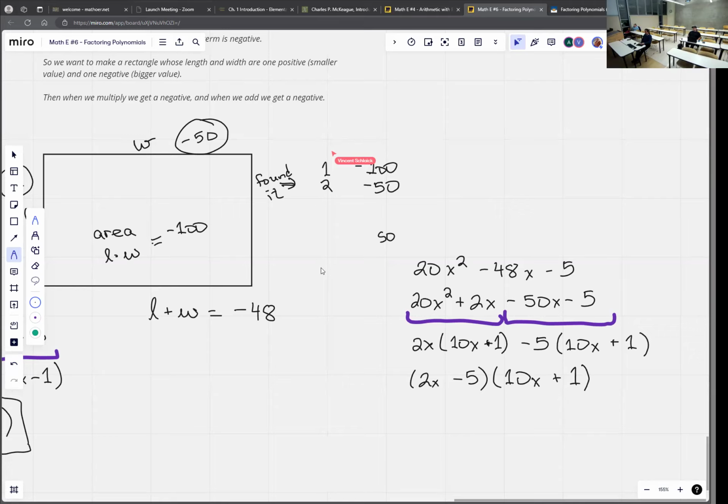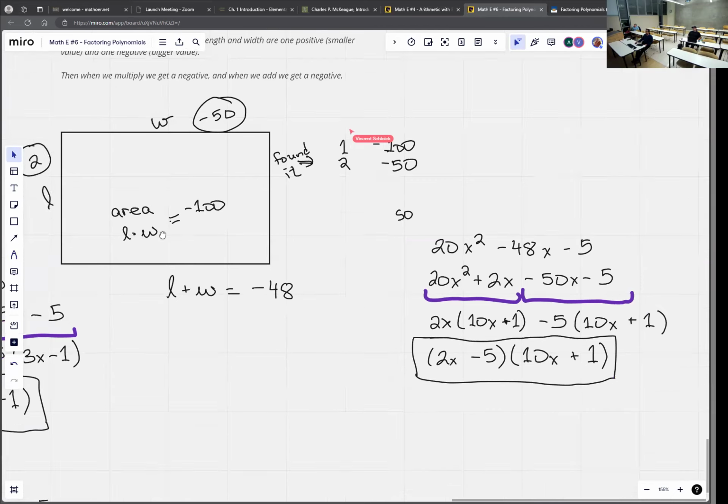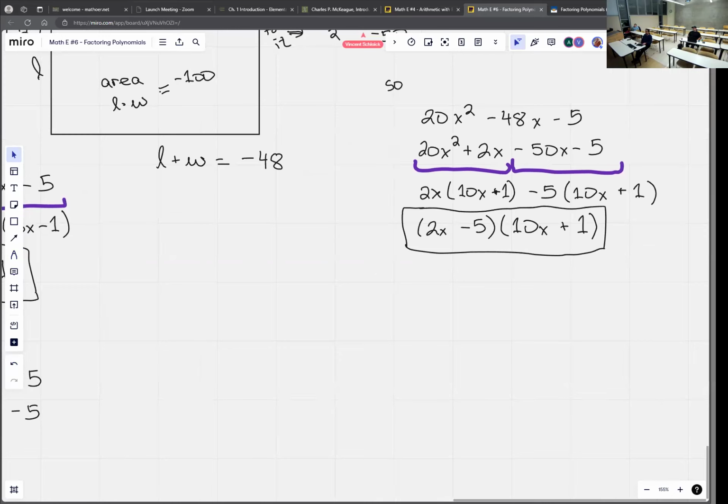Should I FOIL this one to check? Sure. Gonna look pretty familiar. Check with FOIL.